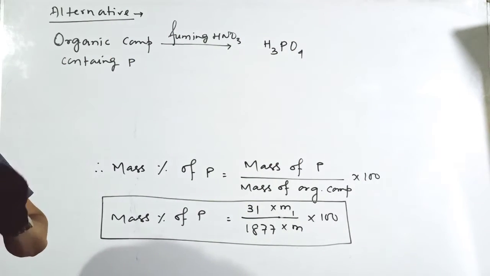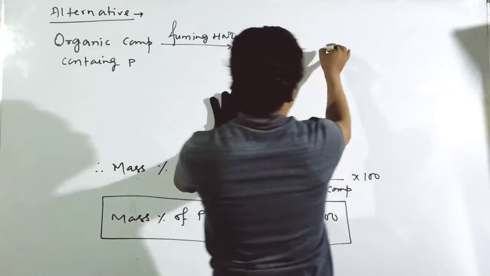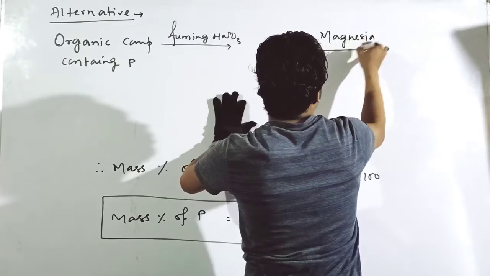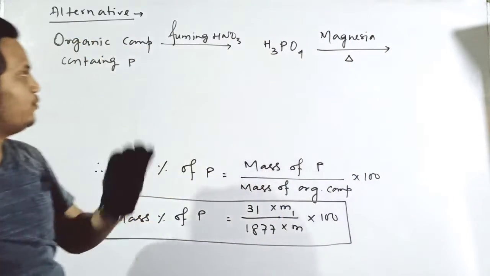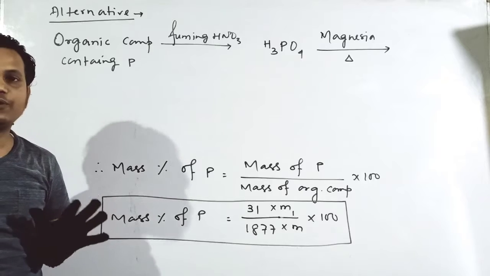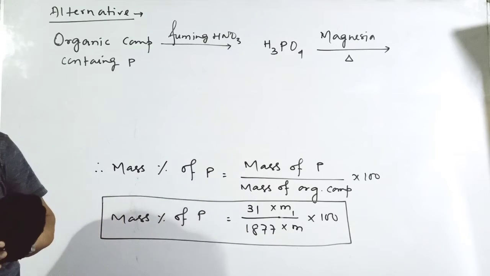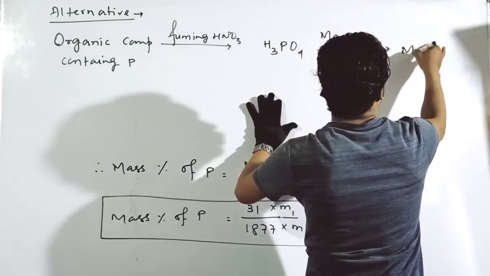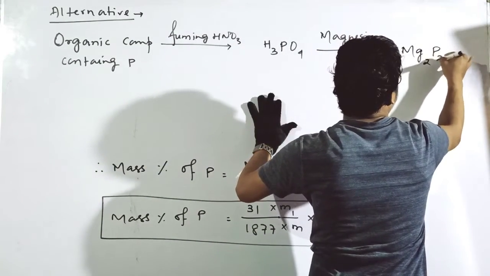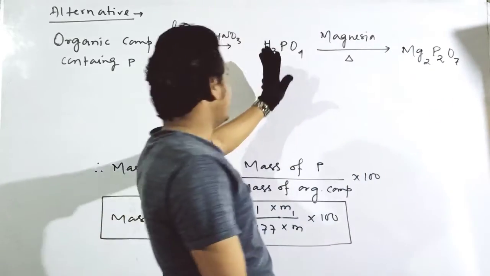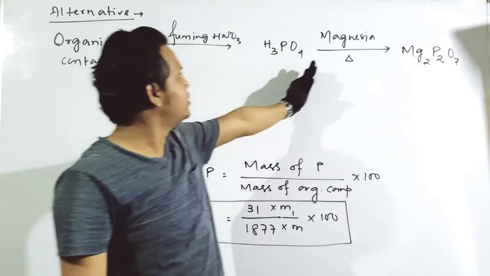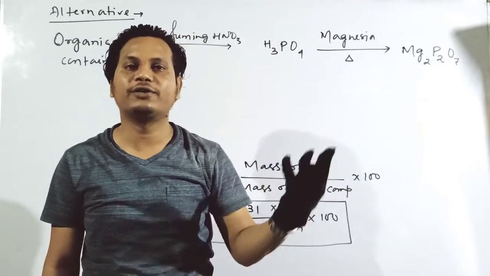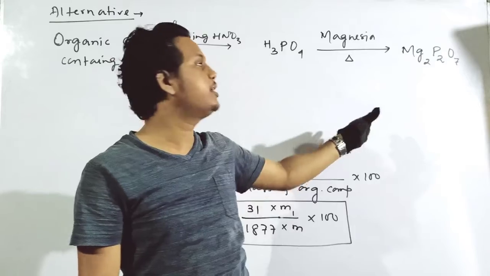Now we will treat this with magnesia along with heating. If you heat phosphoric acid with magnesia, which is magnesium hydroxide, it will form Mg2P2O7.